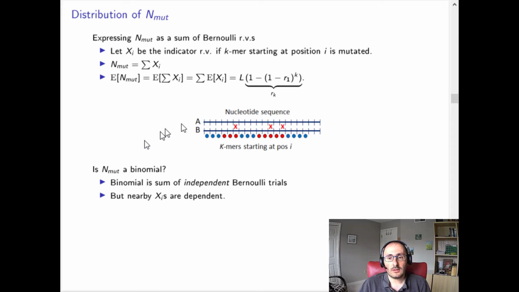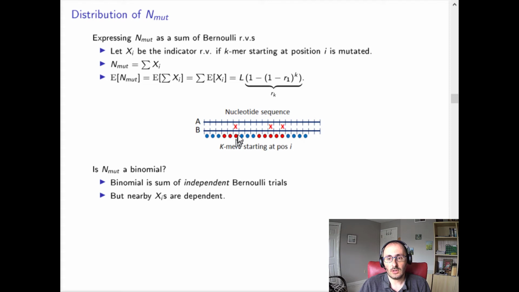Now, that's where all the papers I'm aware of stop, but we wanted to understand this distribution a bit further. Now, you might think that n-mut is a binomial, and a binomial is a sum of independent Bernoulli trials. Now, in this case, nearby xi's are not independent. Like these two are dependent.